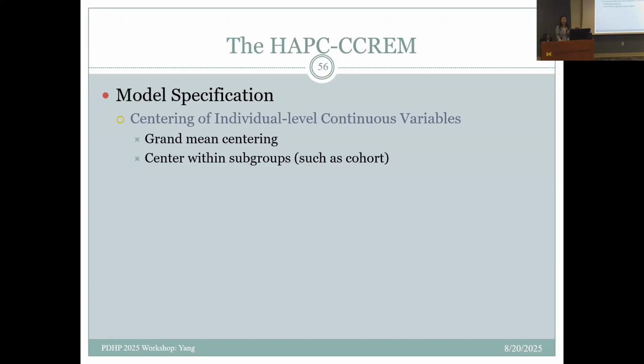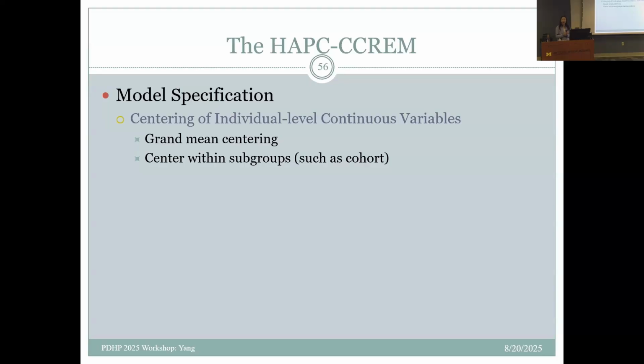There are 2 kinds of centering. One is grand mean centering, and the choice between grand mean centering and centering within subgroups such as cohort is a substantive one most of the time. In this example of obesity, we consider age effects of obesity as reflecting the influence of physiology more than anything.